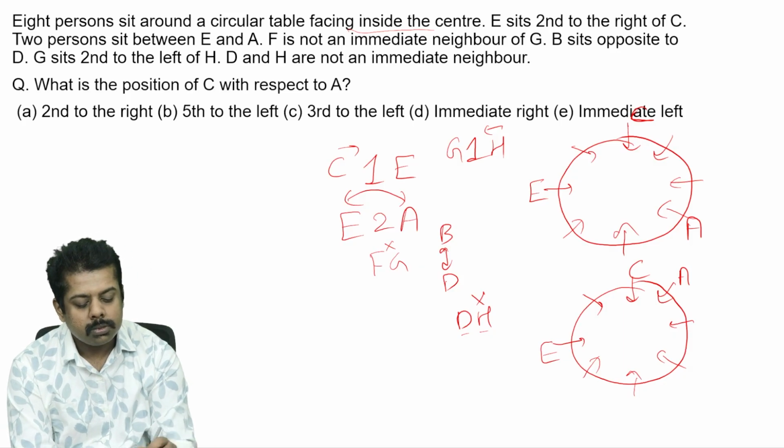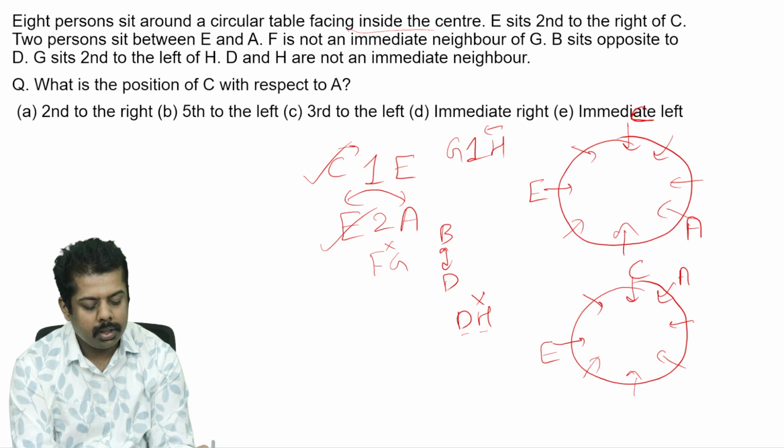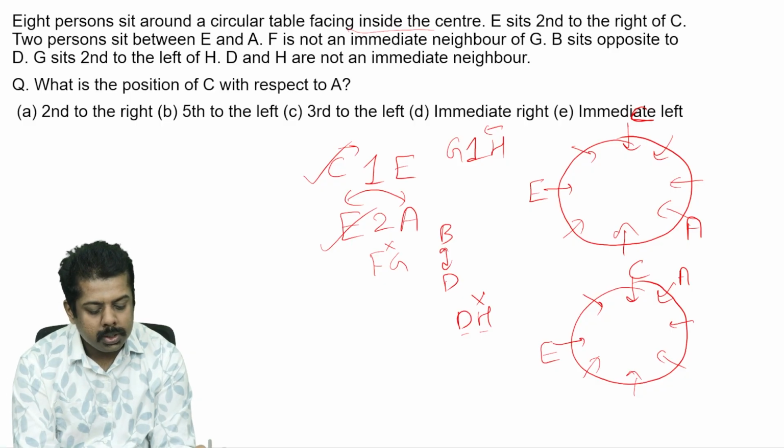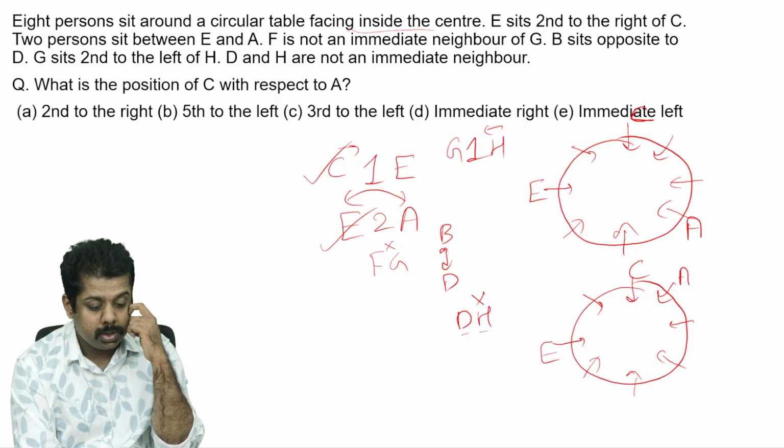Okay. So the first point we have noted, and the second point is also noted. Now we can go for the other points, which we can try to connect here. What all points do we have to note or connect? You have to place B and D, and B and D are going to be opposite.